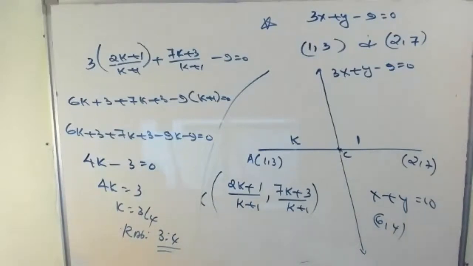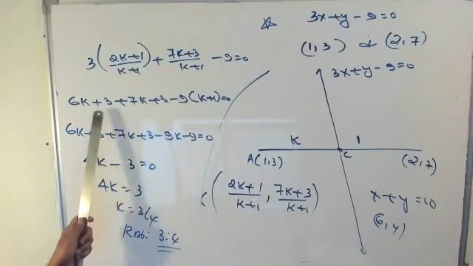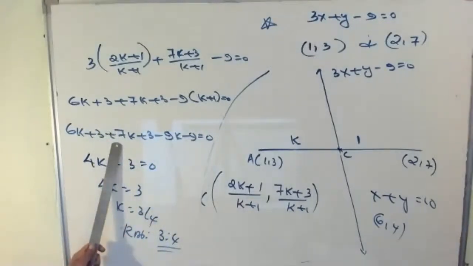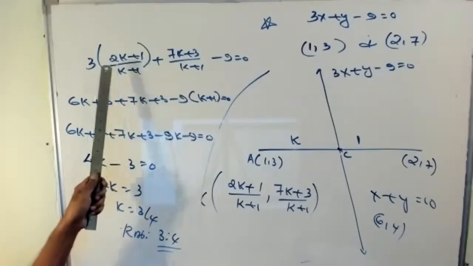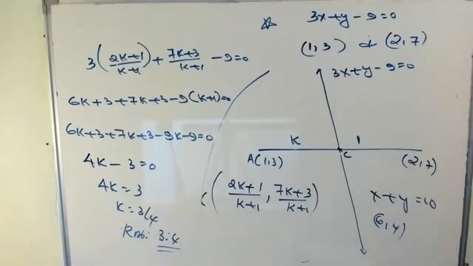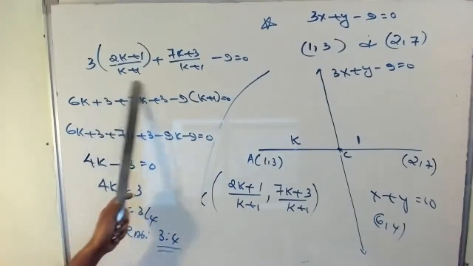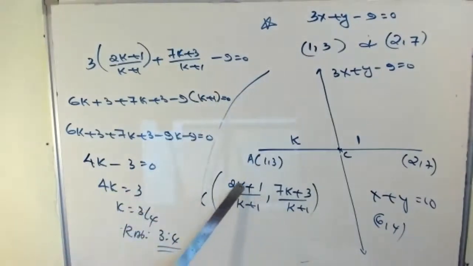Which third step here? This one. I just substituted. Look here, you multiply everywhere with k plus 1. Because x is equal to (2k plus 1) by (k plus 1) and y is equal to (7k plus 3) by (k plus 1).